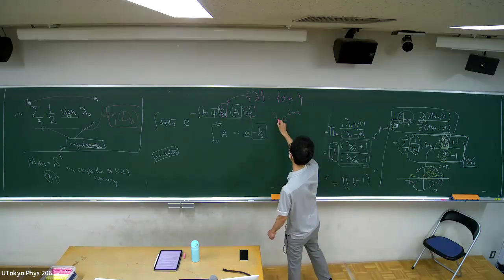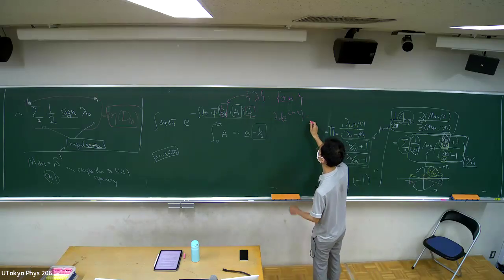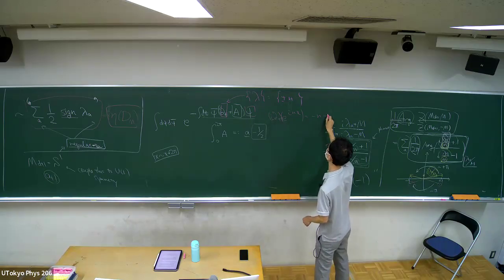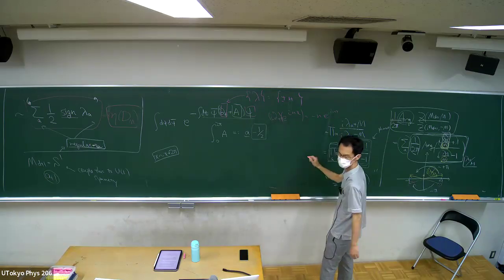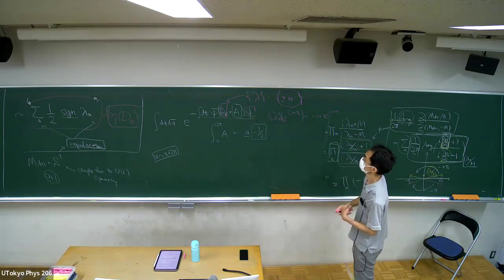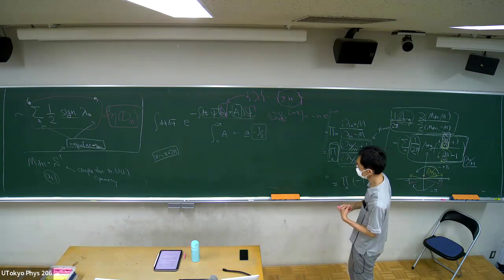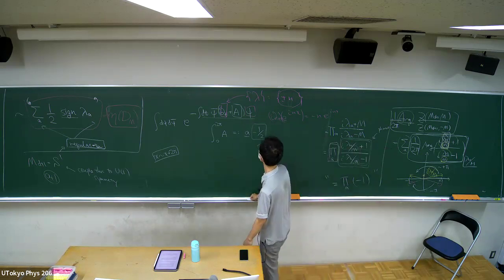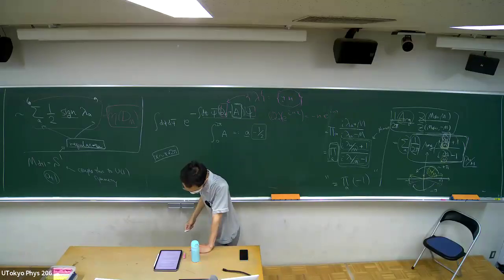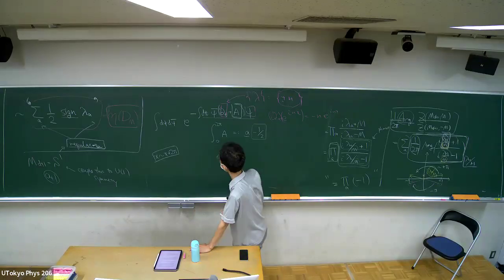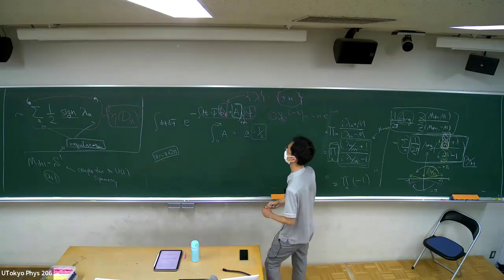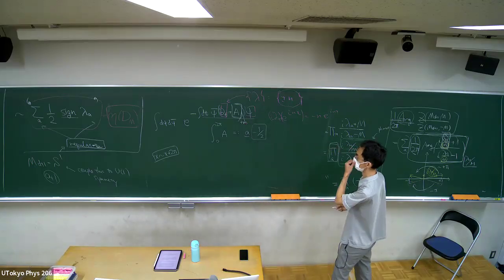So i partial t is just minus n e to the i n x. So this is the set of eigenvalues. And we need to shift this by A. And I forgot to add the mass.